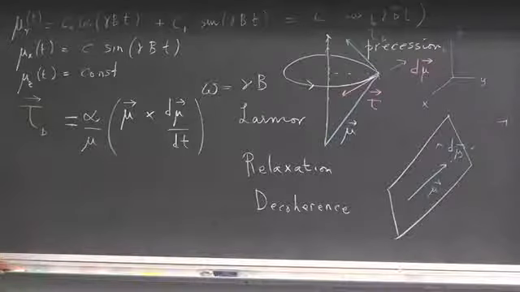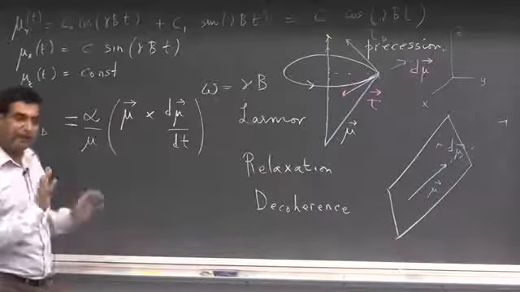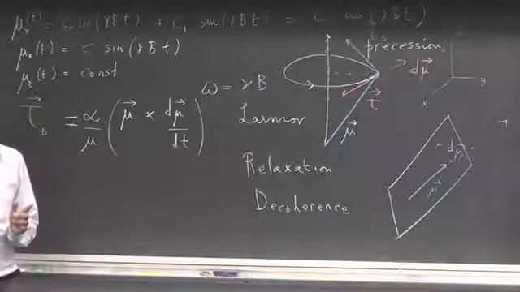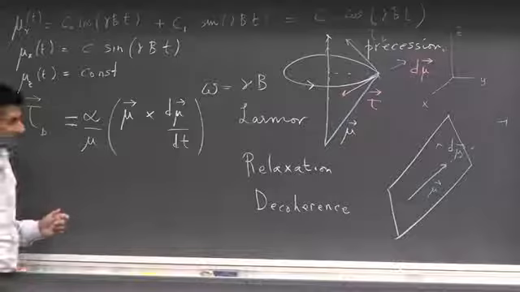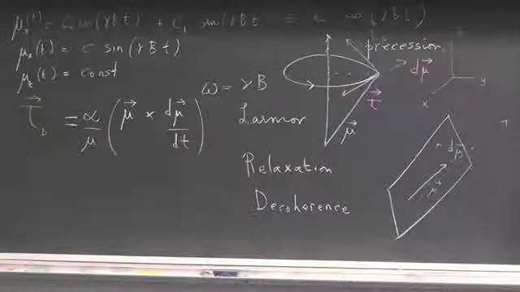So now the Bloch equation is slightly modified. You have a real torque, a coherent torque, which is causing the precession of this magnetic moment in the field, and on top of this you have this dissipative torque. Okay. So now the equation is modified in this fashion.